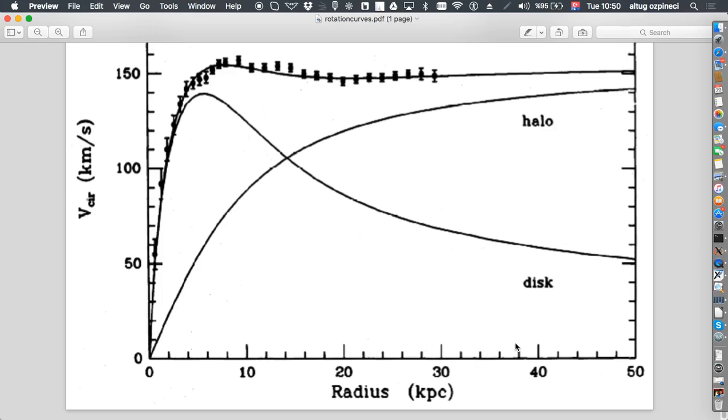Remember, this prediction is what we predict by just using the observed mass of the galaxy. If we just use the observed mass of the galaxy, that force is enough to keep a star that has this speed in its orbit. It cannot keep this star. This star is rotating way too fast for this force to keep the star in its orbit.